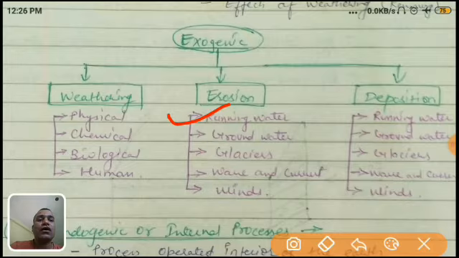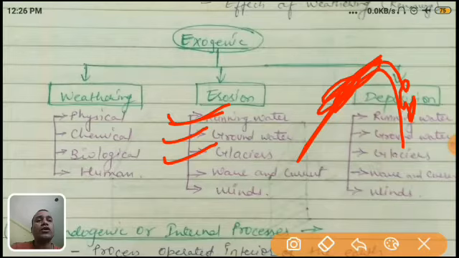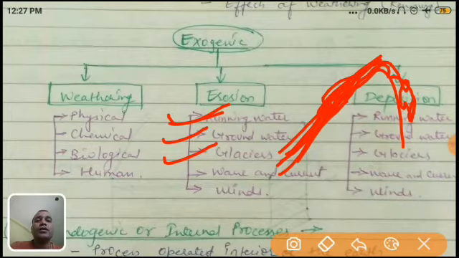Then groundwater, inside the earth. And glaciers: you have seen in the mountains a huge amount of ice is deposited, called glaciers. When it is displaced from the mountain ranges, it also erodes some amount of boulders and rock. So that's why the glacier is also helpful.